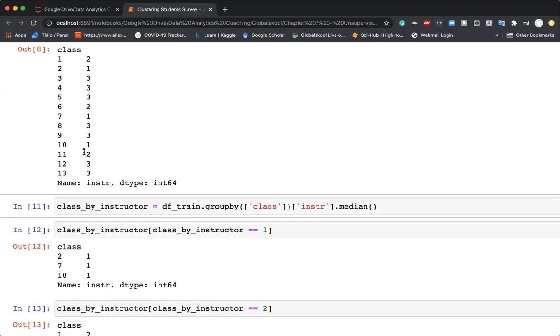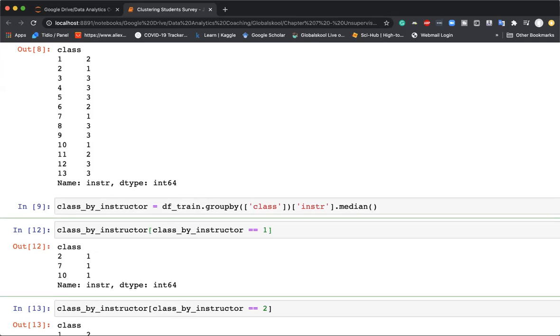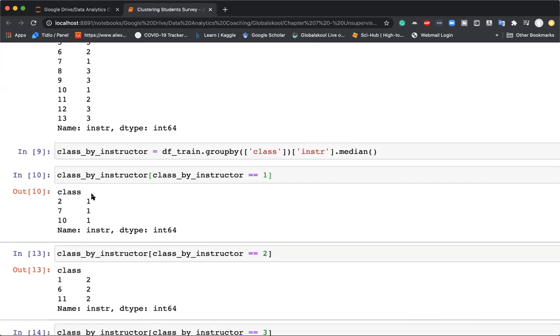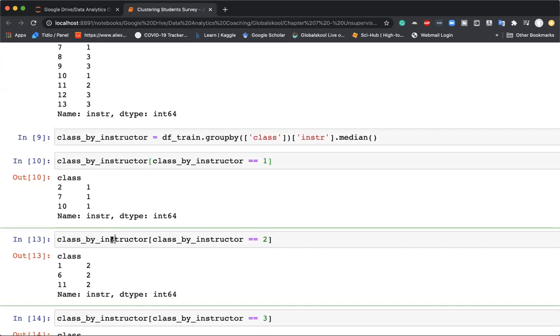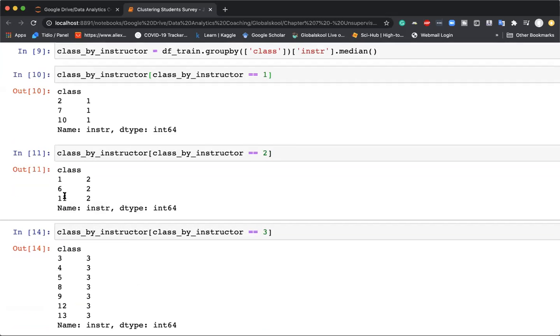But if you want to do it programmatically, I'm putting this into a loop, taking the same answer into a variable called class by instructor. And when the class by instructor is 1, I see classes 2, 7, and 10 are taught by instructor 1. Classes 1, 6, and 11 are taught by instructor 2.